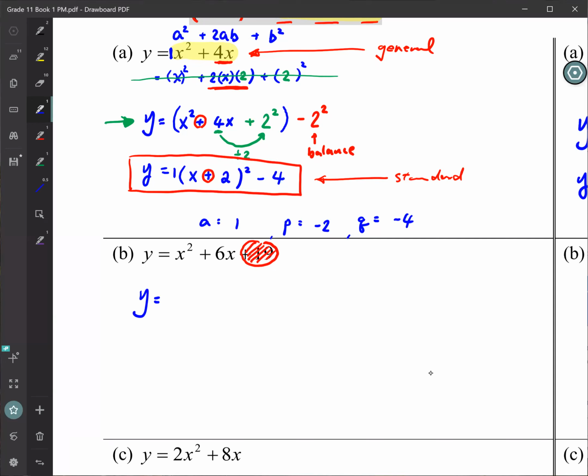So do the same thing as what you did before in the last two questions. Ignore the 19, pretend it's not there. Okay, so raise your hand if you finish the first line, first step.